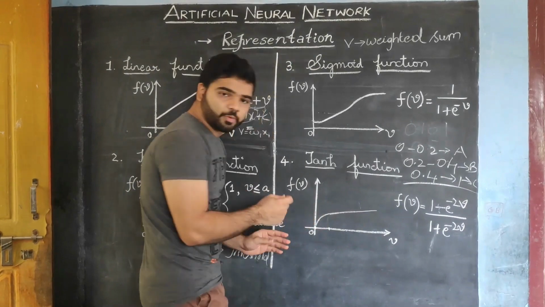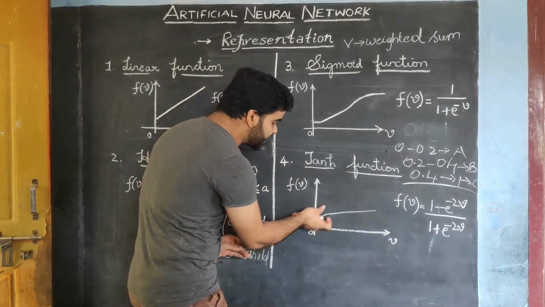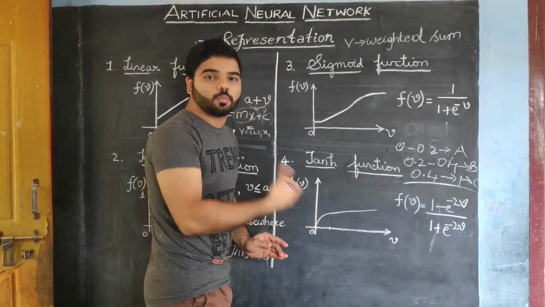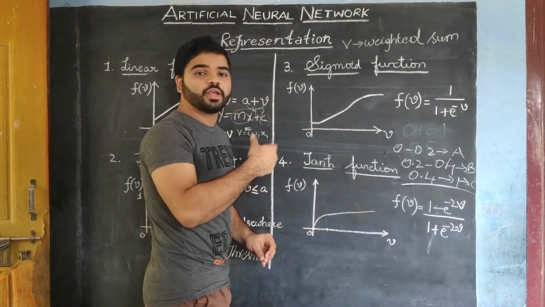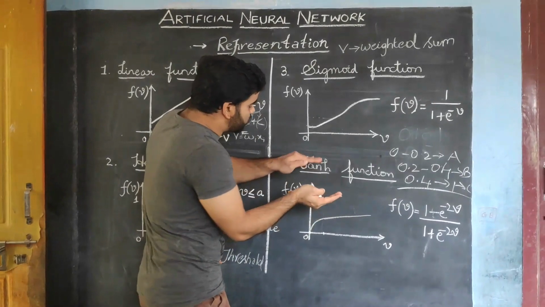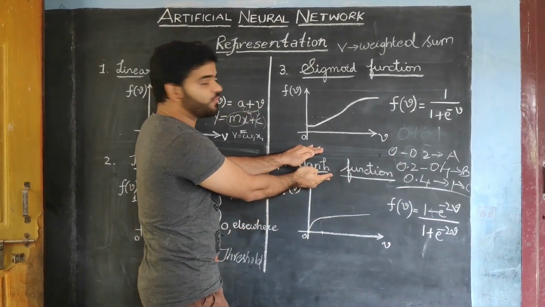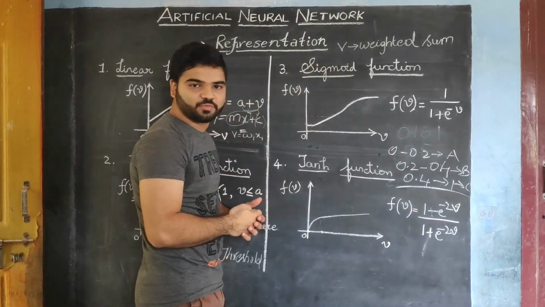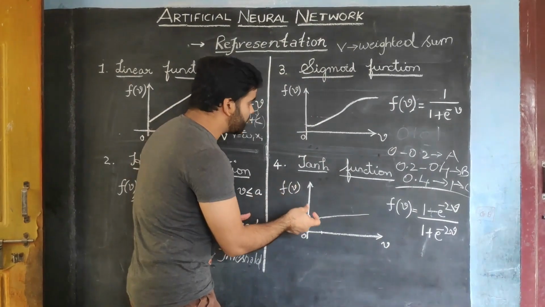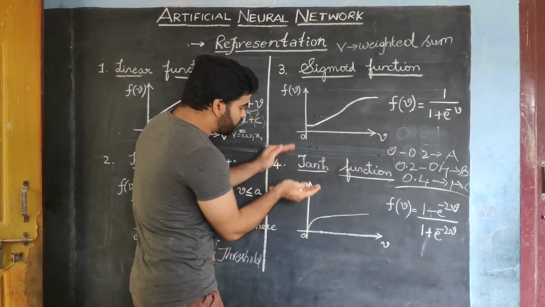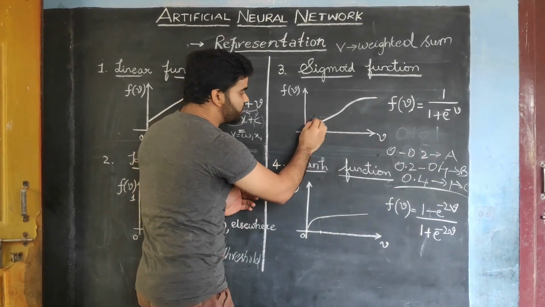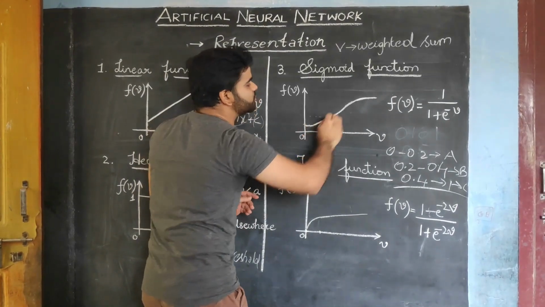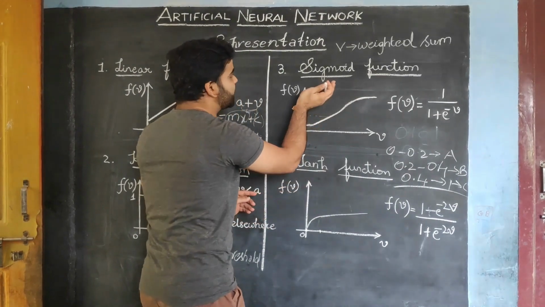So, based upon your requirements, that is, the gradient or the slope that you get, we are going to choose whether to use the tanh activation function or the sigmoid activation function. If you want a steeper one, we will go for the tanh. Or if you want the one which rises slowly from 0 to 1, then you will go for the sigmoid activation function.